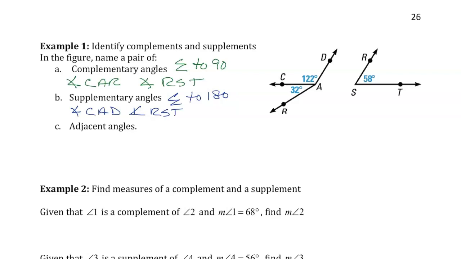Okay, so that's different. Adjacent have to share a common side, and they have to share a vertex. So the angles that do that are only angles CAR and angles DAC. They are adjacent. It has nothing to do with the measurement. It just means that they're next door to each other like townhouses.